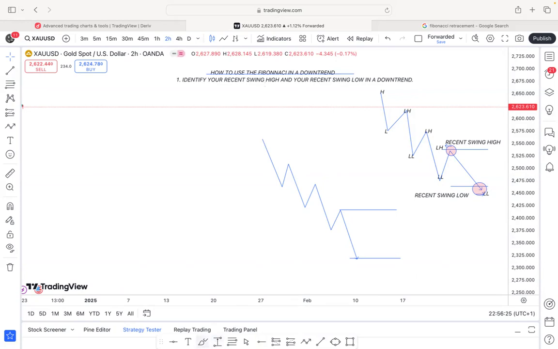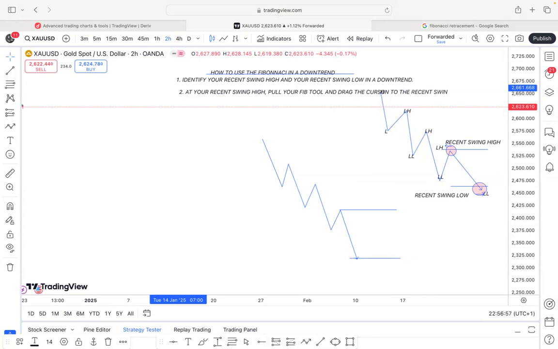Now, step two is what? Step two, at your recent swing high, pull out your fib tool and drag the cursor to the recent swing low.